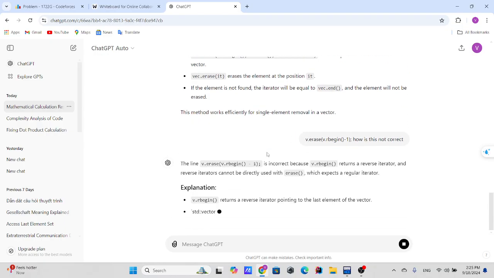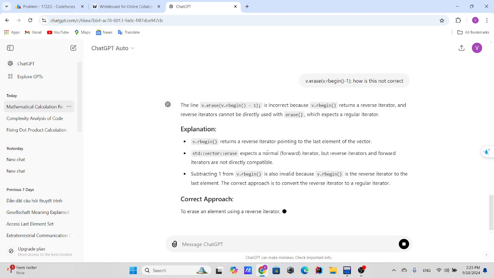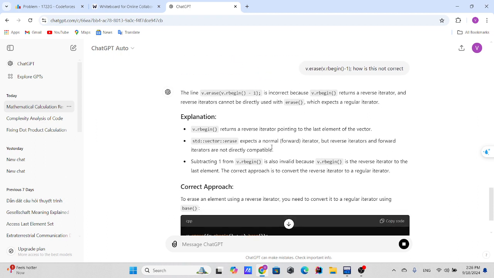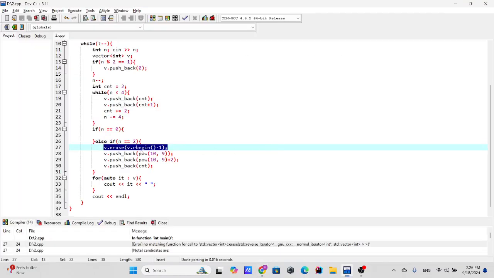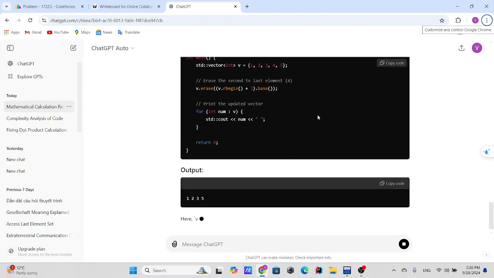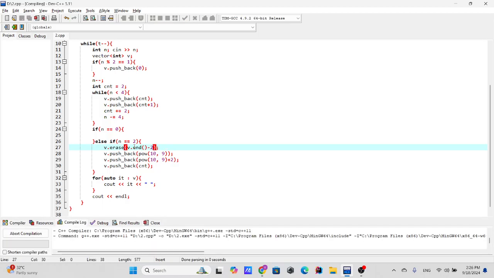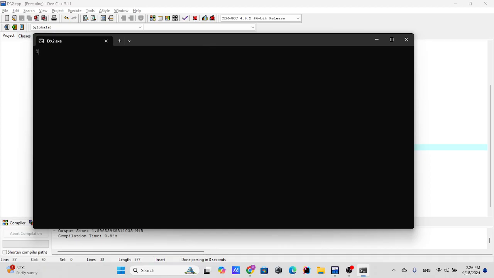A reverse iterator or regular iterator. What? What is a base? No idea why, but maybe this. Yeah, that should be correct, right?